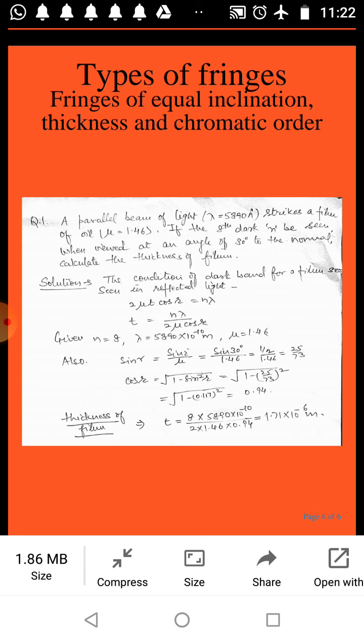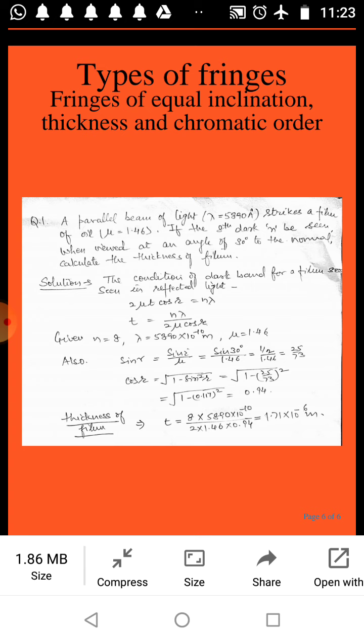In the given problem, n is 8, lambda is 5890 angstrom, so converting to meters, 5890 into 10 to the power minus 10 meters. Mu is already given, mu is equal to 1.46. Also, sin r is equal to sin i upon mu using Snell's law, which is mu equal to sin i upon sin r. Therefore, sin r is equal to sin i upon mu. Angle of incidence is given as 30 degrees, so sin 30 upon 1.46.